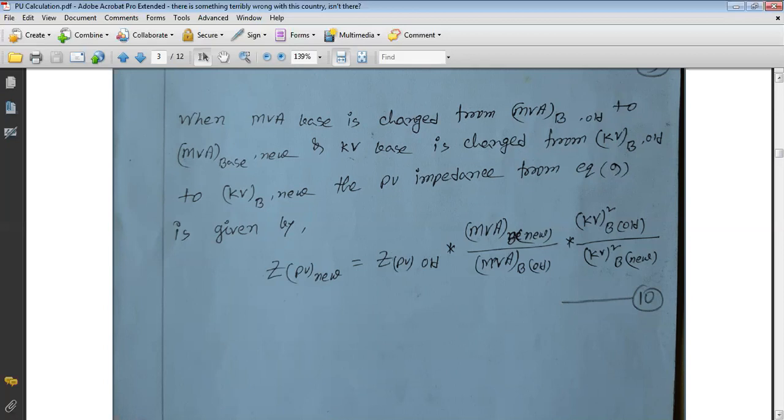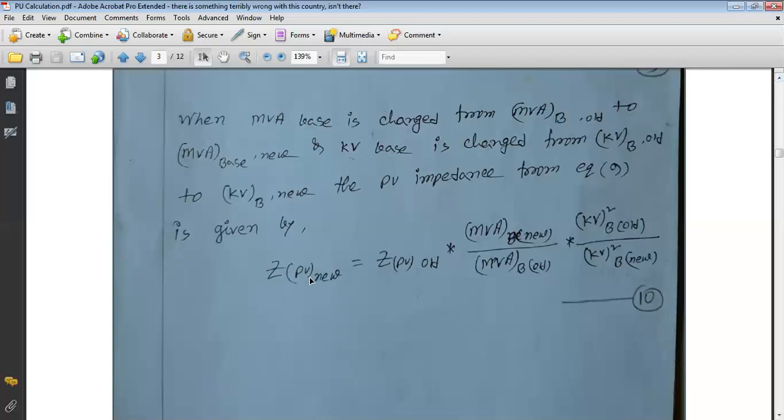Now, if we want to calculate the per unit value of this transformer once again with a new reference value of power and a new reference value of voltage, or a new reference value of power with the old reference value of voltage, or a new reference value of voltage with the old reference value of power, then we should use this equation.